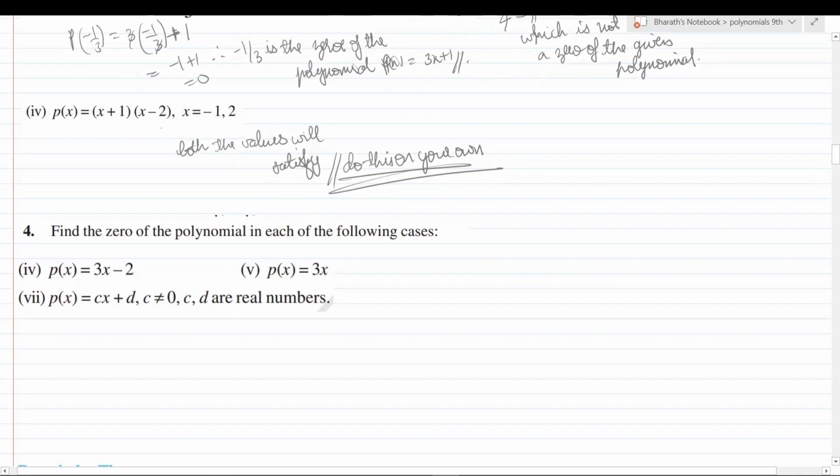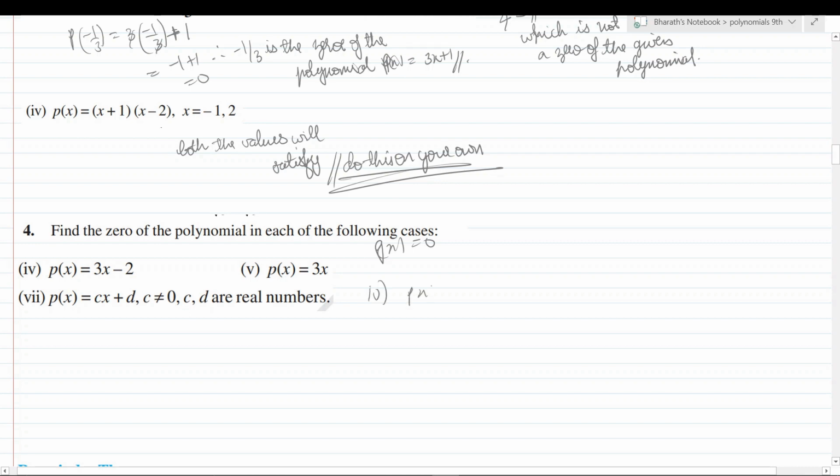Now going for the fourth. Find the zeros of the polynomials in each of the following cases. Just substitute p of x to be 0, and you know the transferring, dividing and so on, you can do it on your own. So let me take the fourth question. P of x is equal to 3x minus 2.